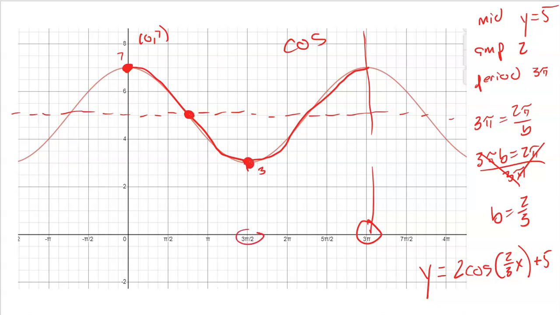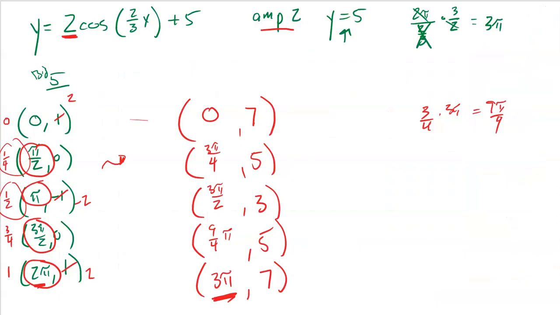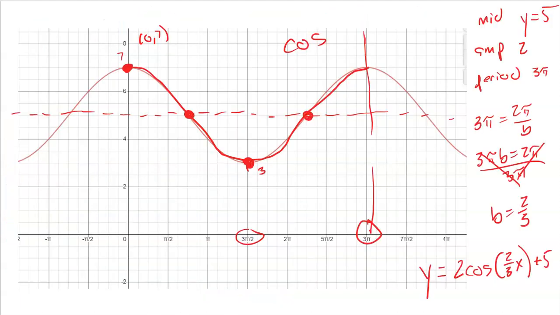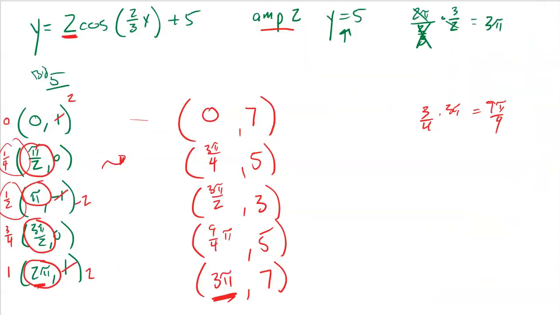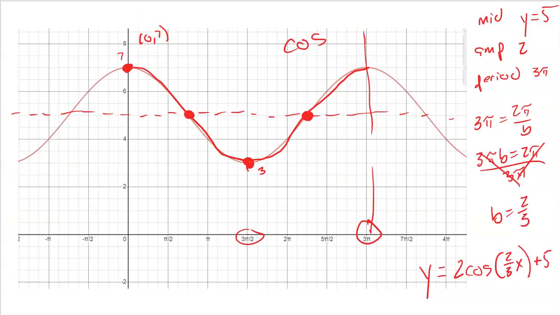And 9/4 pi, comma 5. That's this value right here, back at the midline. And then a full circle is now 3 pi, and that puts us back up here at 7, at 3 pi. So we can actually track those big 5 points, and I think that's pretty cool and really simple to do.